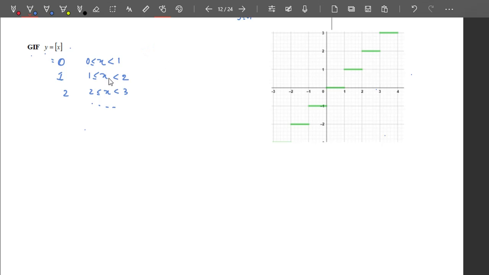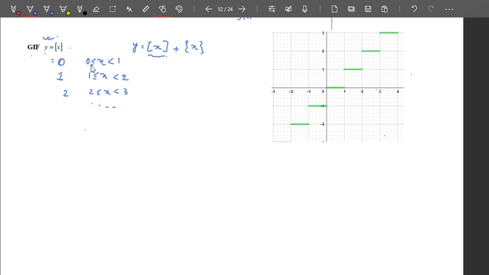Actually, when you define the greatest integer function, every real number can be expressed as a sum of an integer and a fractional part: y is equal to integral part plus fractional part. This integral part is known as the greatest integer function.